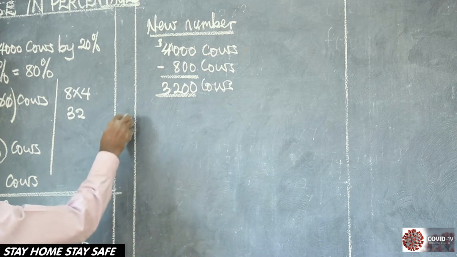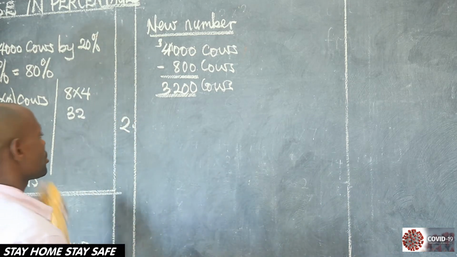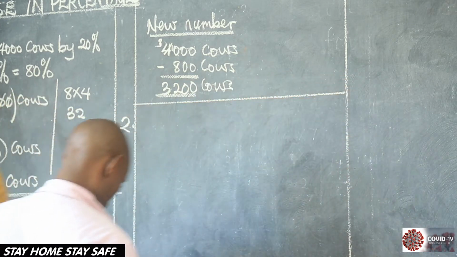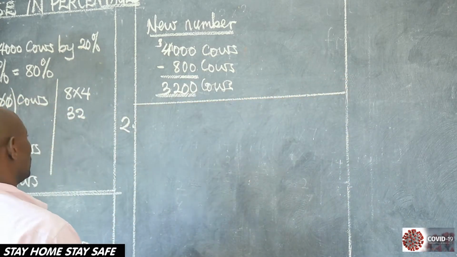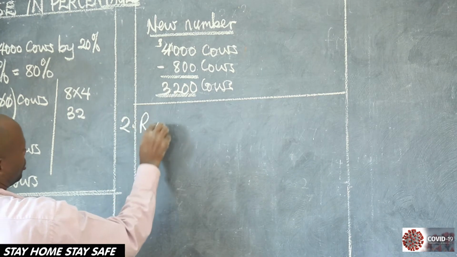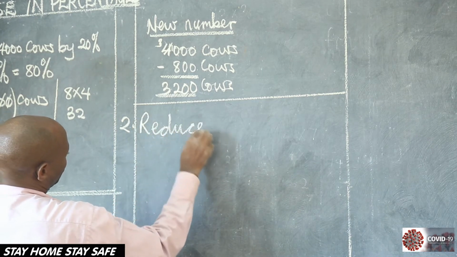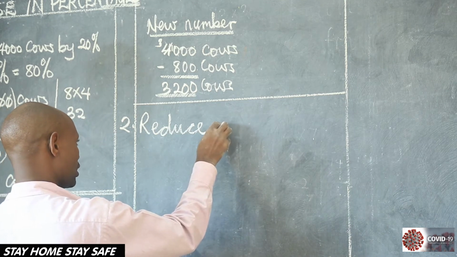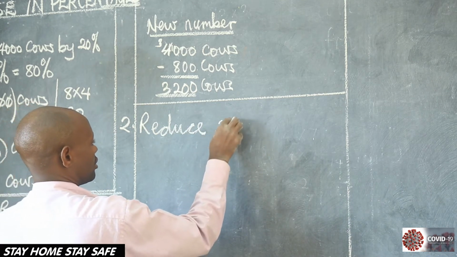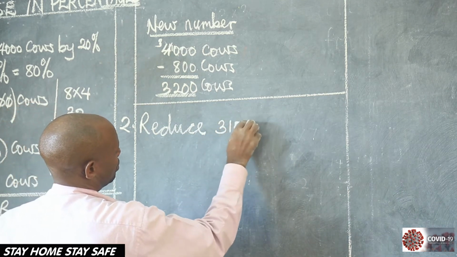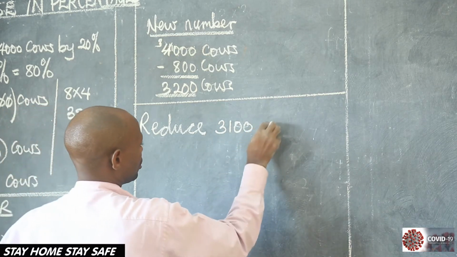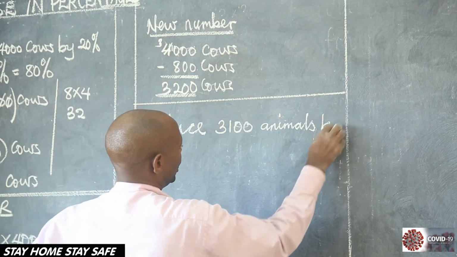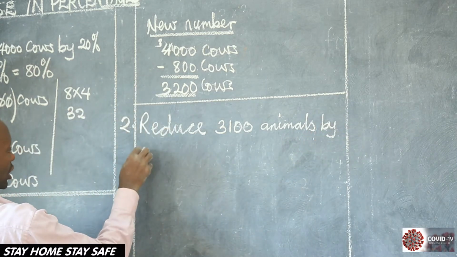Let's look at another example. Someone may tell you to reduce. And what are we reducing? We are reducing animals by 10%.